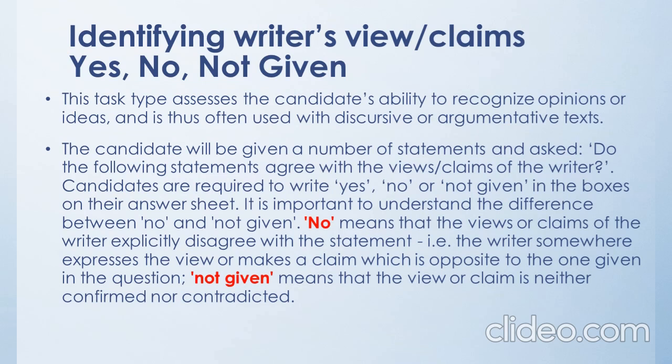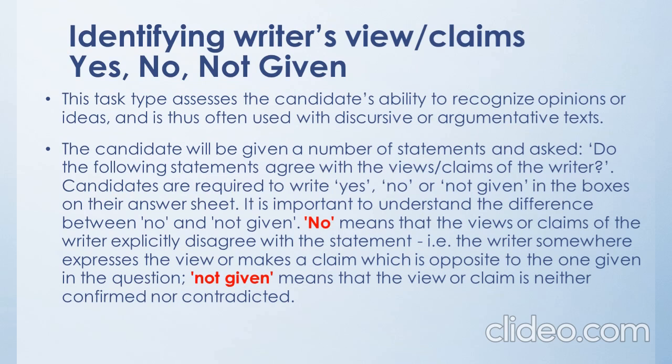Okay, so you will be given a number of statements, just like in true, false, not given. And you need to identify whether these statements agree with the views and claims of the writer, of the author, right? And then in your answer sheet, you should write the full answer.